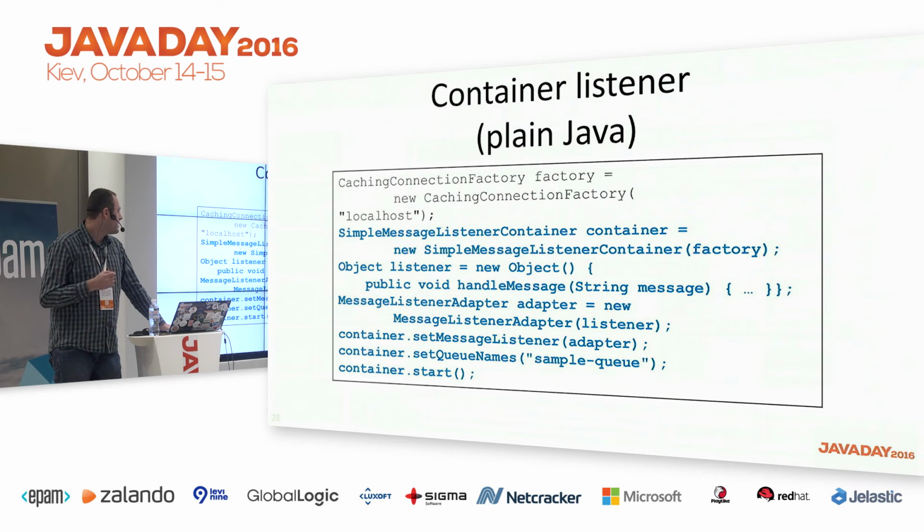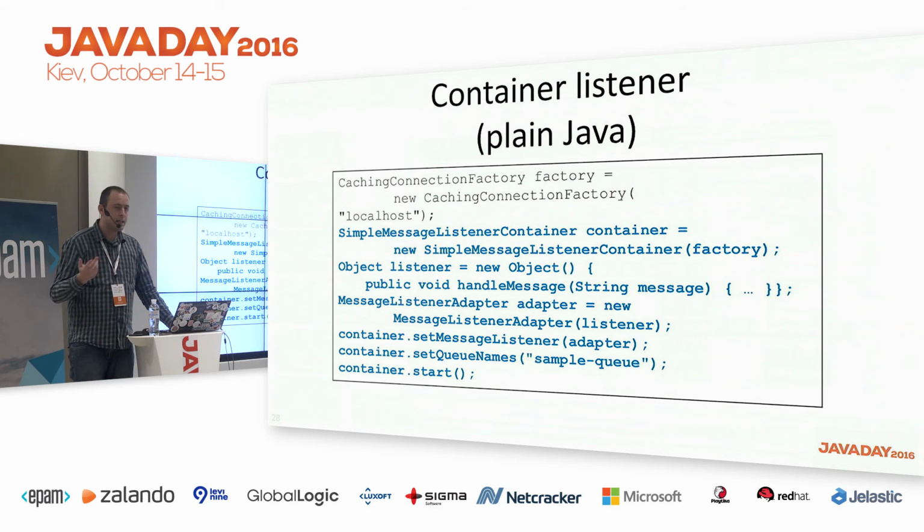But by default, this handle message method receives messages as they're consumed from the queues that are specified. And as you can see, in order to set the queues to which you want to listen, you call the setQueueNames method. You may specify either one queue or a list of queues to which you want to bind your listener. And that's it.